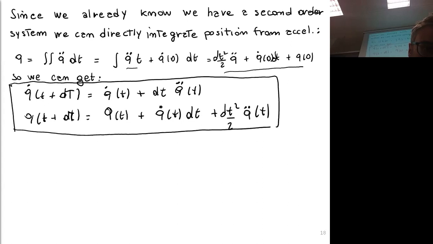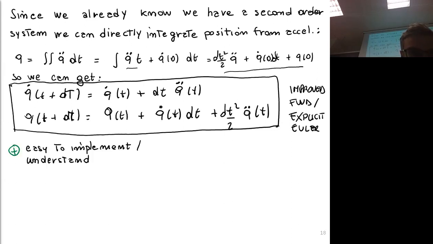And this is the improved forward, or explicit, Euler. That is better for our specific case because we have a second order system. In general, we will use the other formula if you don't know the specificity of your system.